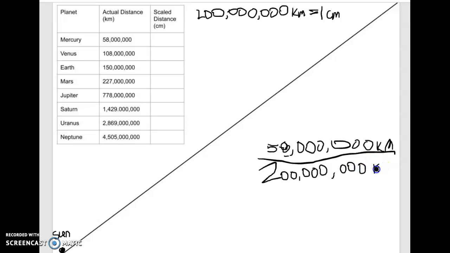So that means that the 58 million goes into our calculator first.